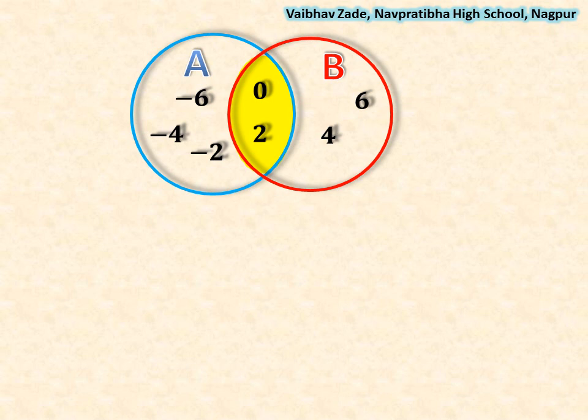This yellow part is called the intersection of set A and set B. This part is common to both sets; it is part of set A as well as part of set B. So we get a completely new set which has the elements 0, 2.